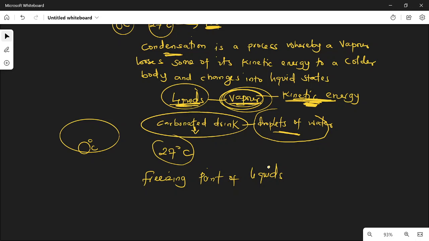When a liquid cools, it will lose its energy to the surroundings, and the temperature will drop. So when the temperature keeps dropping, we attain the freezing point. Yes, and we call it the freezing point of liquid. Very, very important.